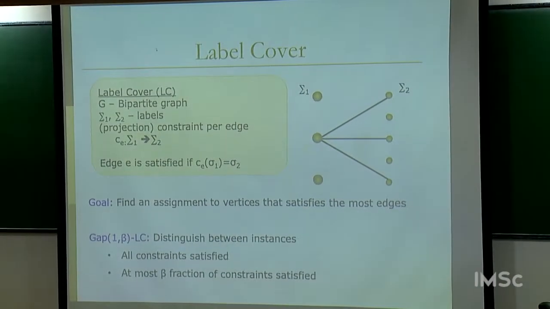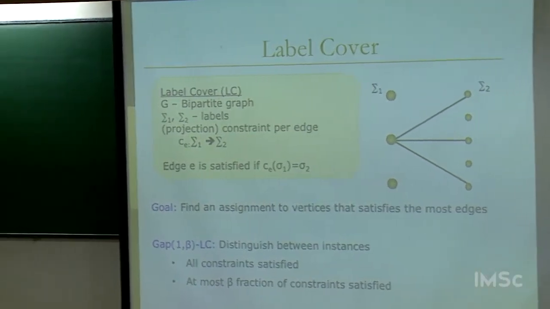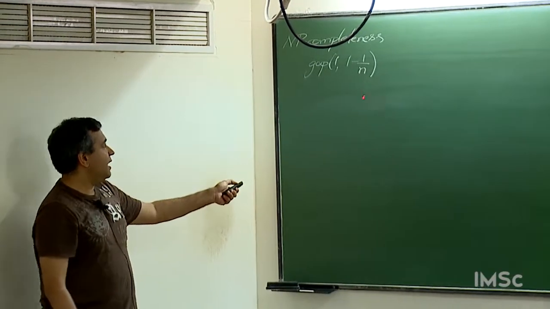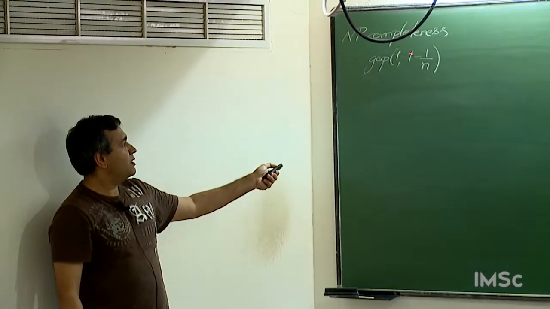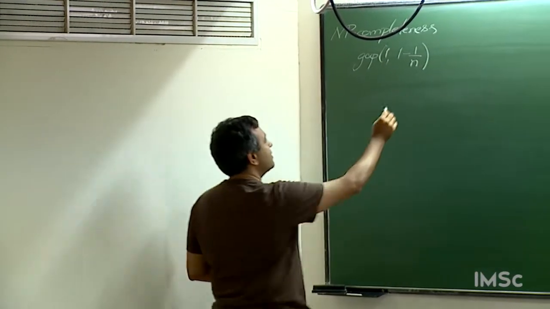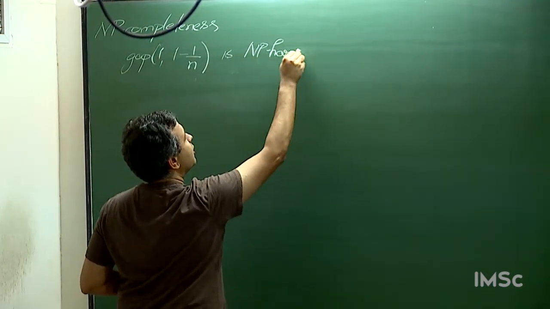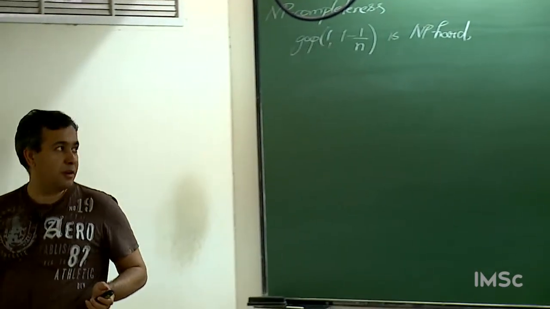In fact, when it's not perfectly satisfiable, there's a small gap, an inverse polynomial gap. If the number of clauses is n, it's not 1, it's 1 minus 1 over n. So this is NP-hard. This is just a restatement of the Cook-Levin theorem.